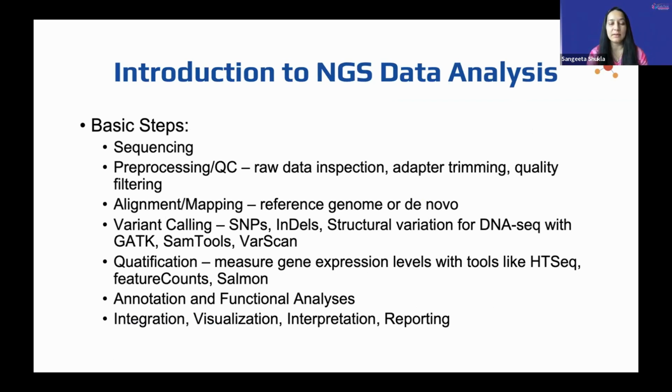You start with sequencing, then you do some pre-processing and quality control. Essentially, that means you want to inspect whether all the reads were captured appropriately and whether there's any noise, find ways to minimize that noise and make the data more usable, and then perform adapter trimming.